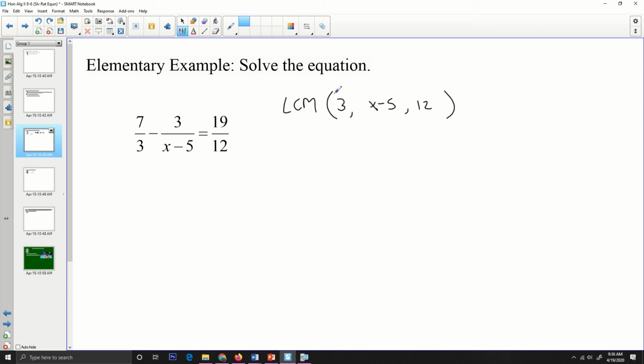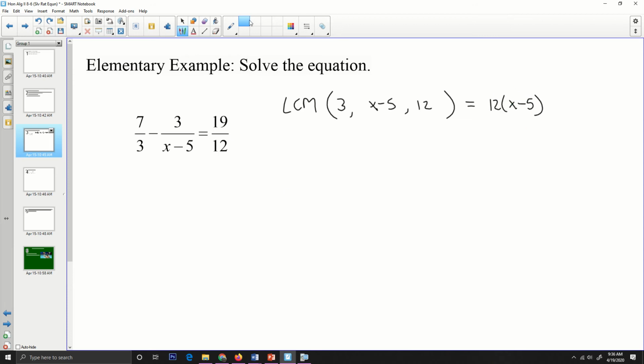If I multiply 3 by 4, I'll get 12. That's pretty good. And so the only thing that would be missing is this x minus 5. So the LCM for these three denominators is just going to be 12 times x minus 5.